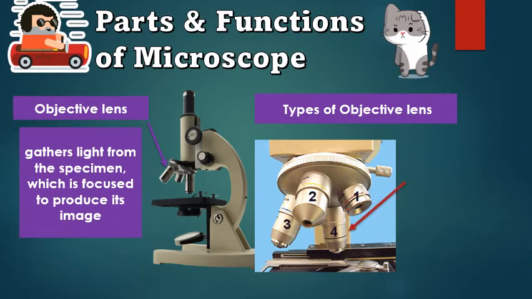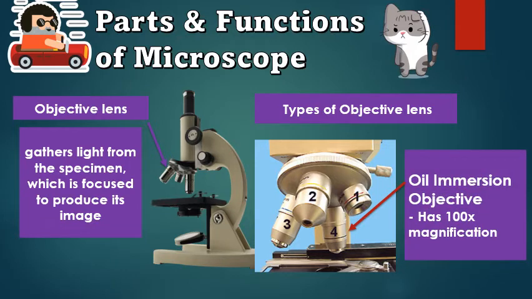And lastly, we have the oil immersion objective. It magnifies 100 times. So when you are going to observe very tiny organisms, this one is the right one.